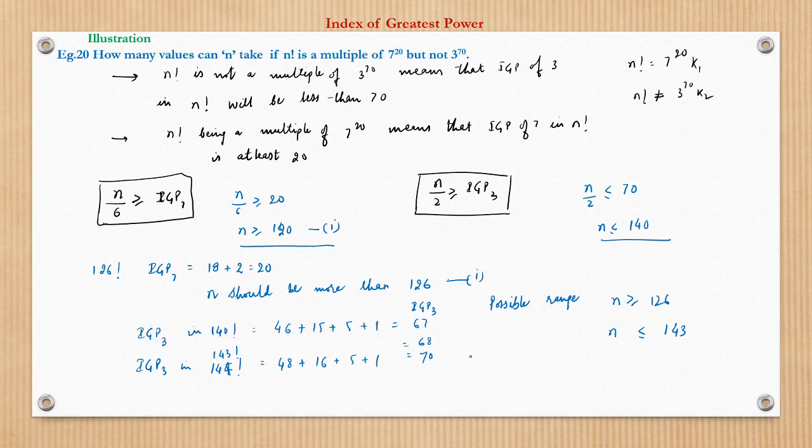It cannot be 144 because then it will be 70, and it should be less than 70, right? So less than 70, 68 is possible, which is for 143 factorial. So here the range becomes n belongs to 126 to 143. This is nothing but 18 values, right? So 18 values of n are possible. This is the answer.